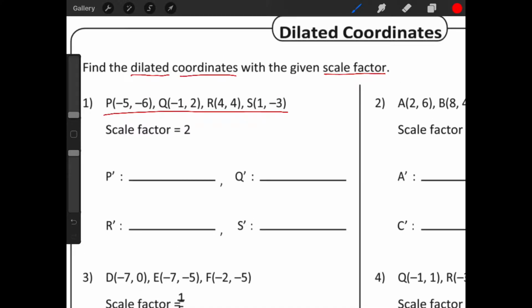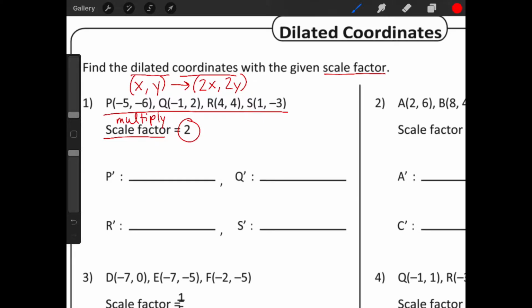Our algebraic rule in this case is going to be our x and our y original point is going to become 2 times x and 2 times y, because they give us that scale factor of 2, and scale factor means we're going to multiply.